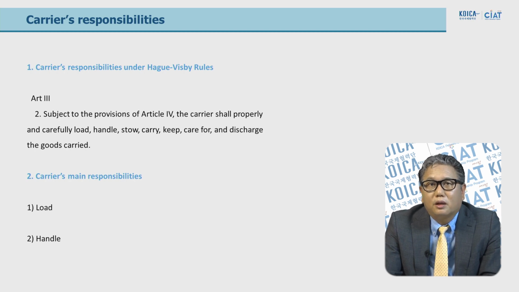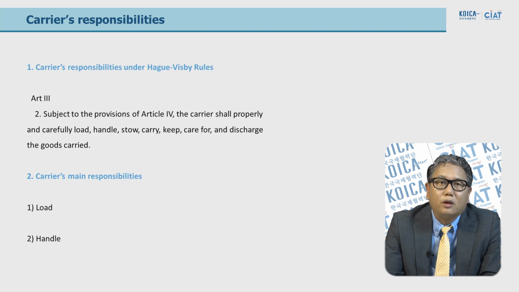It says it's subject to the provisions of Article 4.